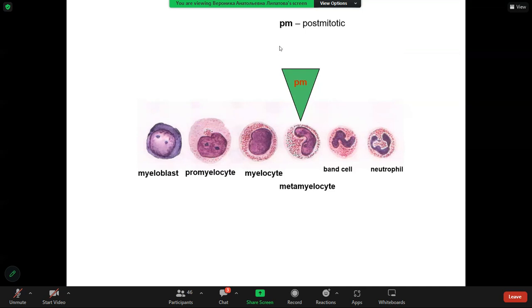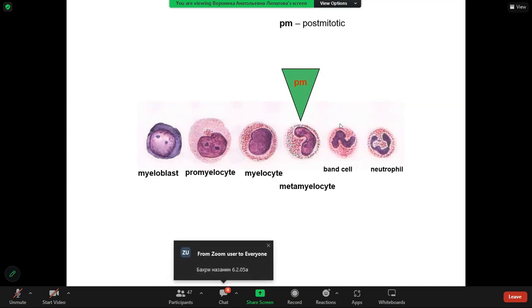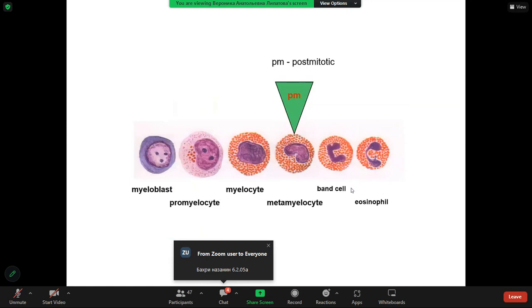This is class number 5. Band cell we can see also in peripheral blood. That's why band and neutrophil we describe as class number 6. What is PM? Post-mitotic. I hope that is clear to you.